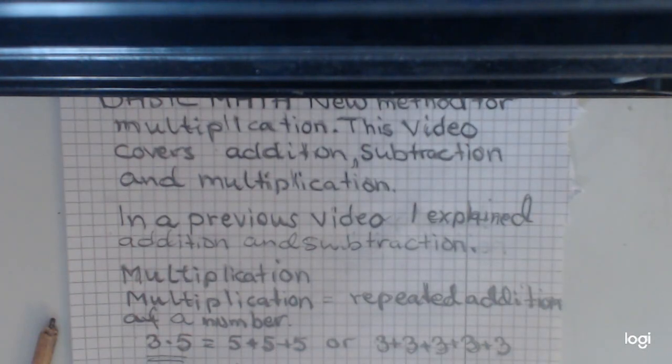So what is the definition of multiplication? Multiplication is repeated addition of a number. So 3 times 5, for example, is the sum of 5 plus 5 plus 5.